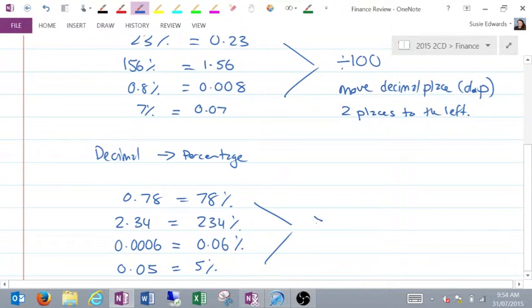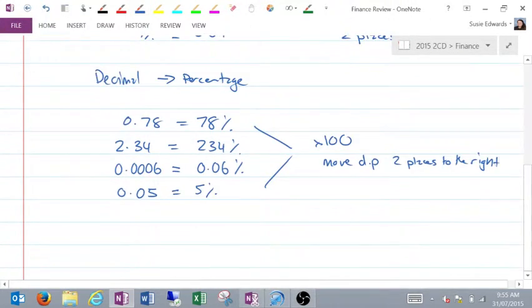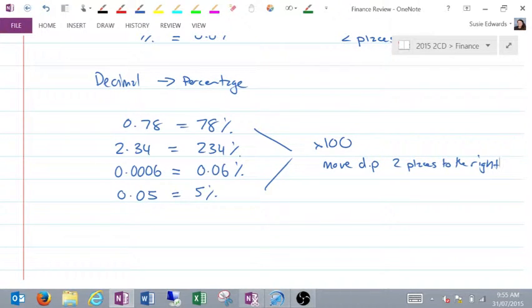Timesing by 100. Good, we times by 100, which means we move the decimal place 2 places to the right. Any questions? Everyone okay with that? Yeah, so we're all good? Fantastic.